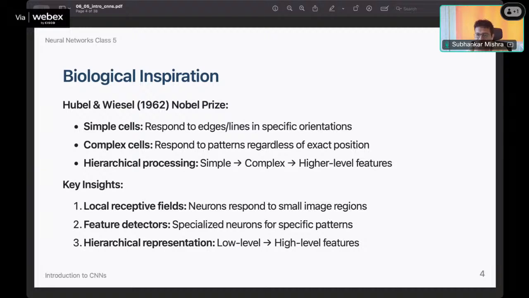They discovered that neurons respond to edges in a very specific orientation: one neuron fired for vertical edges and another fired for horizontal. That means there are different types of neurons that are specifically tuned to look at vertical and horizontal edges, and another to look at 45-degree angle edges. These are called simple cells, essentially edge detectors.